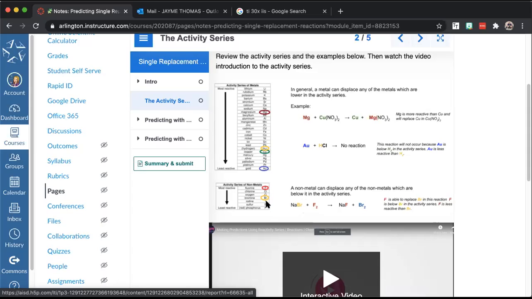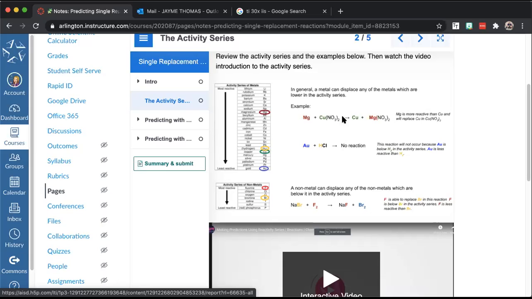It'll replace any of them. Bromine's down here, kind of in the middle, so it will replace it. And so bromine gets kicked out. Bromine is now by itself as an element, but notice it's Br2. I did not just write Br. That's because it is a diatomic element. So when you write diatomic element formulas, they have to have that 2 subscript.